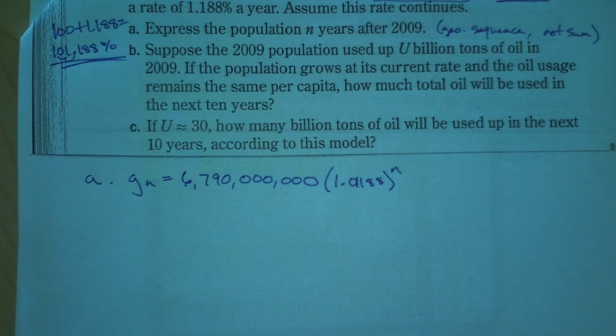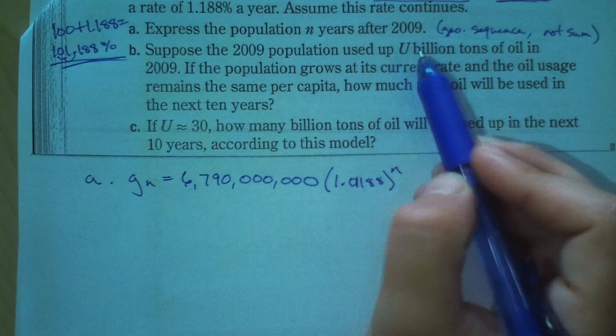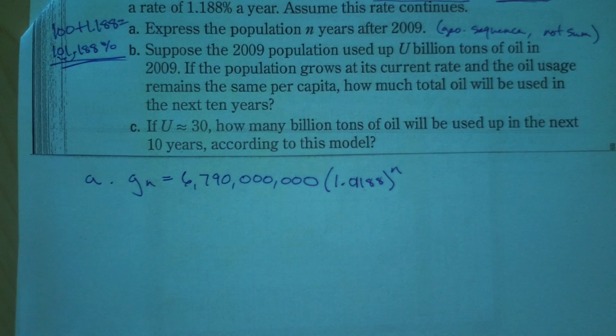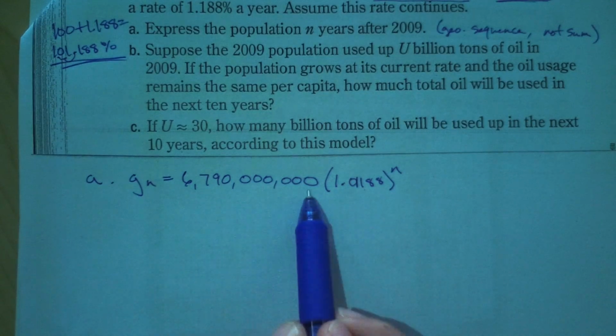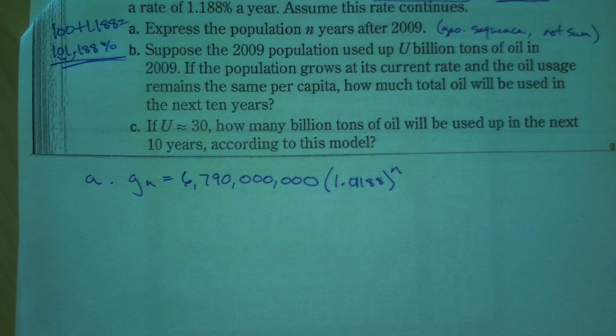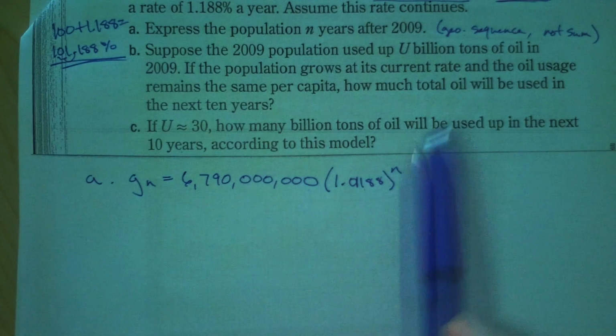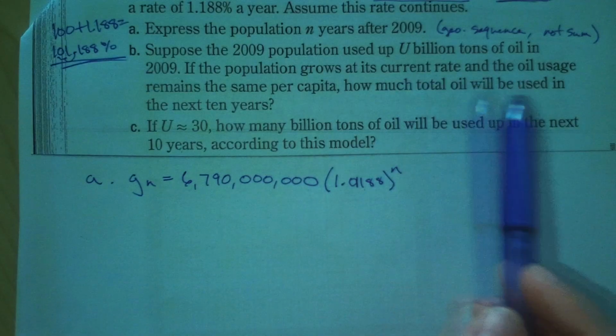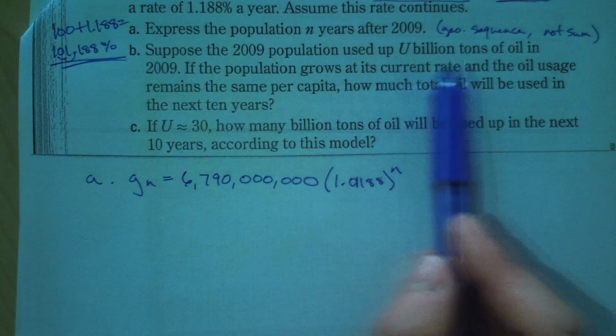So I would just take that other stuff besides the U and do it out on my calculator. Let's go top part first. Actually, did I write that wrong? I did write it wrong. No parentheses there. Parentheses there. So 1 minus 1.01188 to the power of 10.